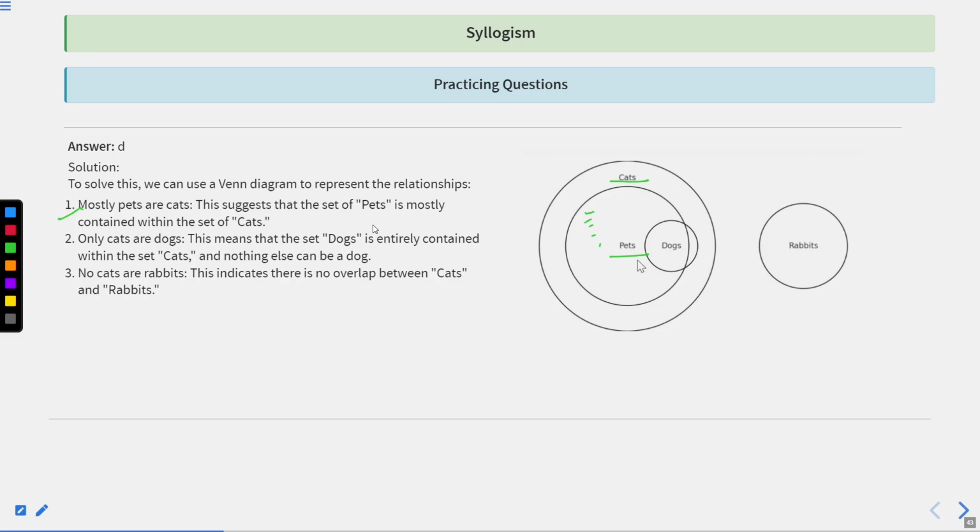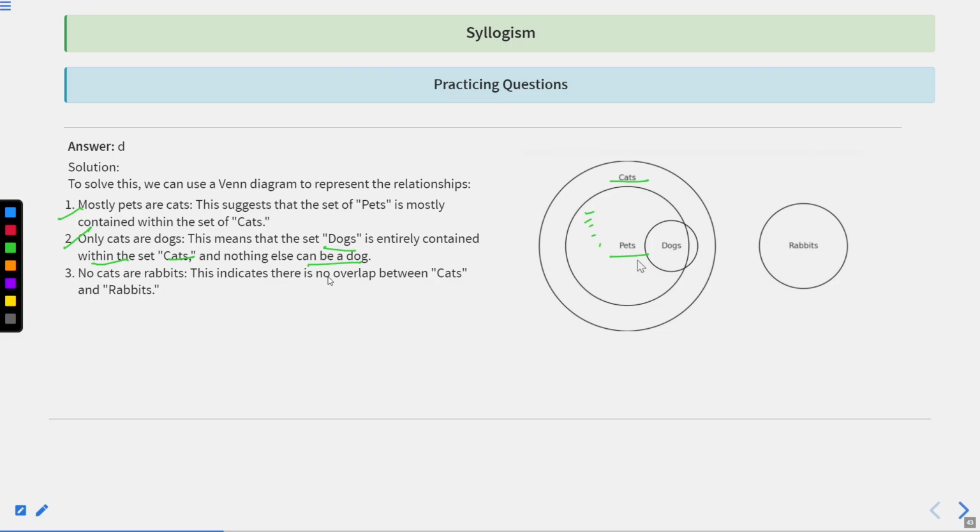Okay. Now the another question is only cats are dogs. Okay. This means that the set dogs is entirely contained within the set cats. There is nothing else that can be dog. Only cats are dogs.